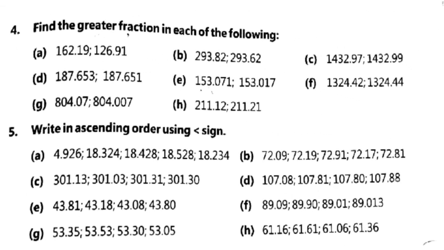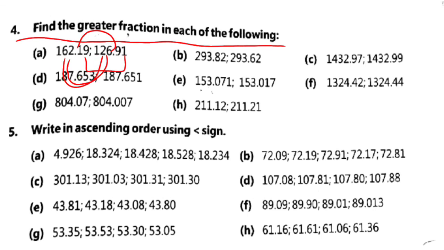Find the greater fraction in each of the following. You have to compare the numbers as I told you, then find which one is greater and which one is smaller. Okay, so if I am comparing the first number, it says 162 decimal 19 and 126 decimal 91. Okay, so how can we compare that? We are comparing the 9 with 1, and 6 with 2, 2 with 6 and 1 with this.